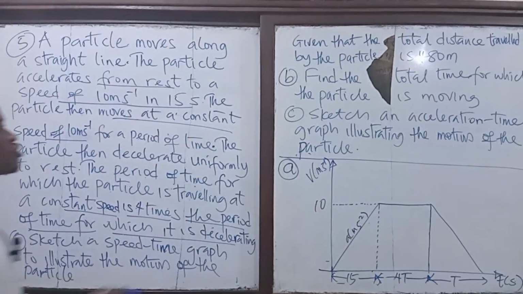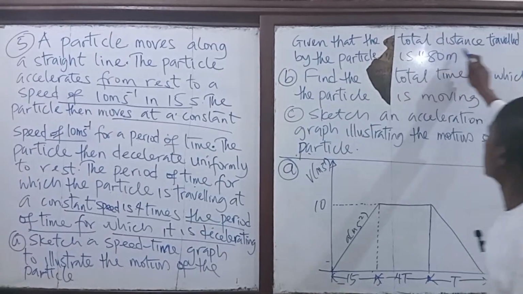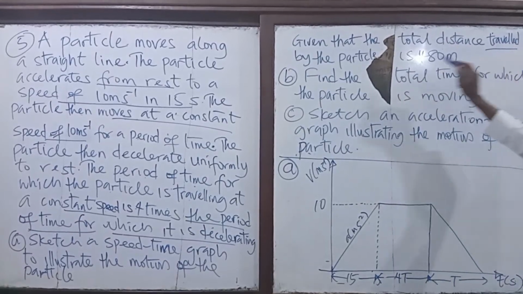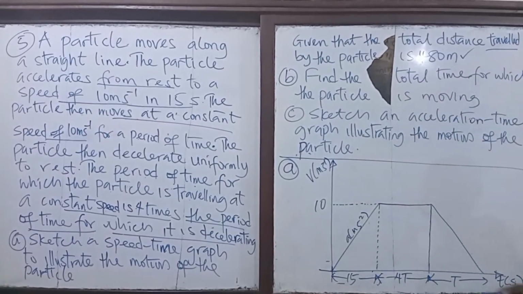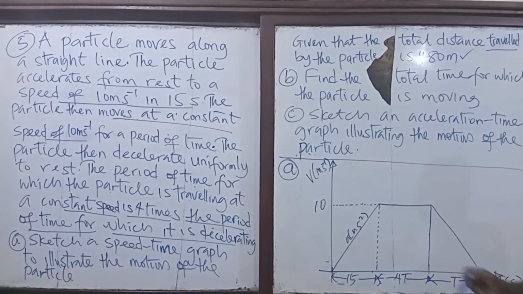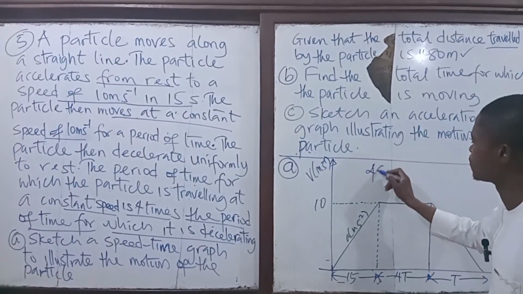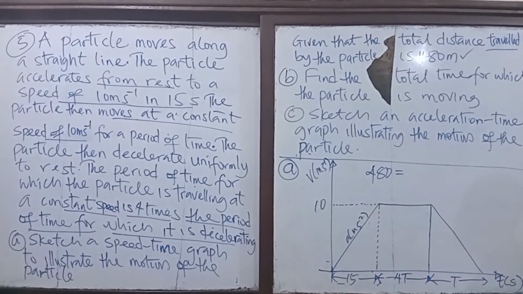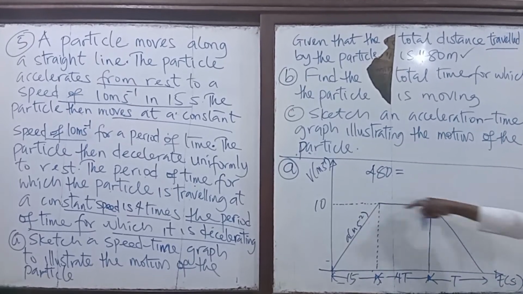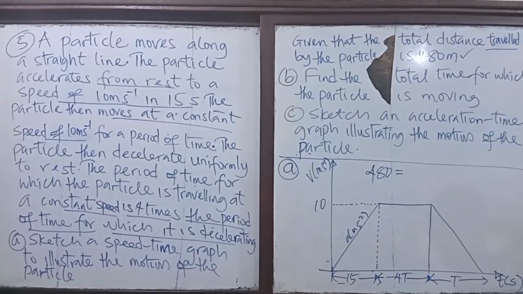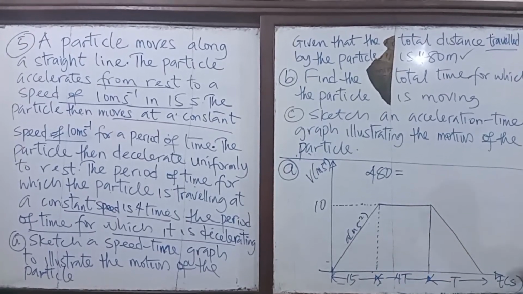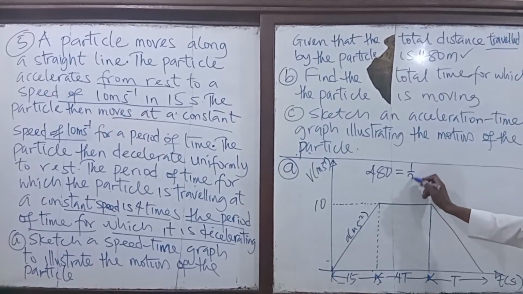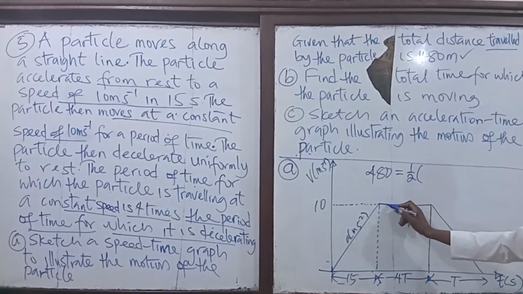Given that the total distance traveled by the particle is 480 meters, find the total time for which the particle is moving. Total distance, go to your geometric shape. This is a trapezium, which is a half times the two parallel sides.